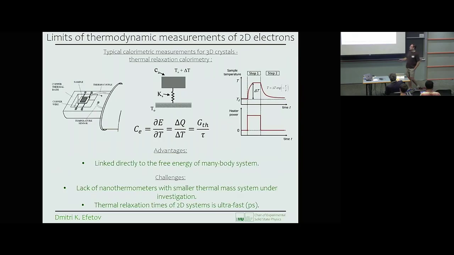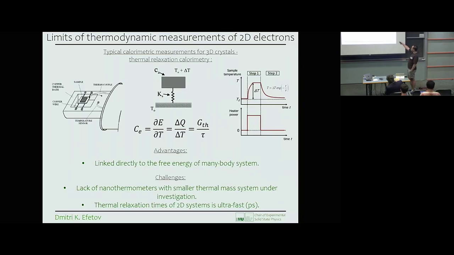Let me explain the basic principle to measure heat capacity in a three-dimensional material. You take a three-dimensional material and try to thermally isolate it. In school, if you measure the heat capacity of water, you would fill the water into some styrofoam, a very isolated material, and heat the water up and watch the time-dependent behavior.